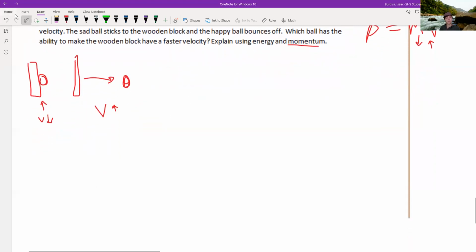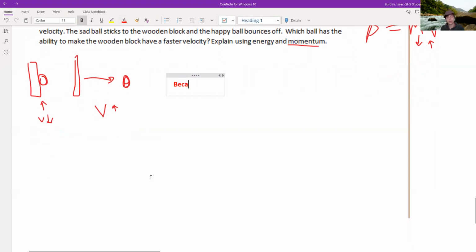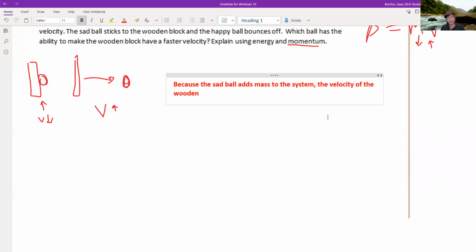So how would you say that into words? Well, we can say because the sad ball adds mass to the system, the velocity of the wooden block is lower.